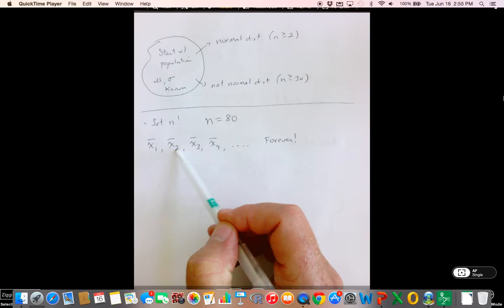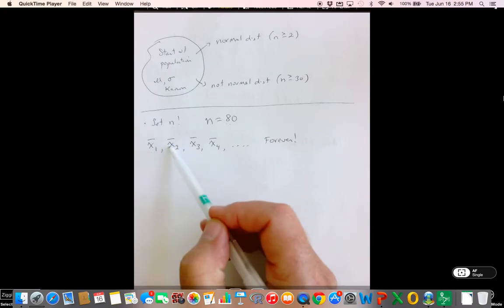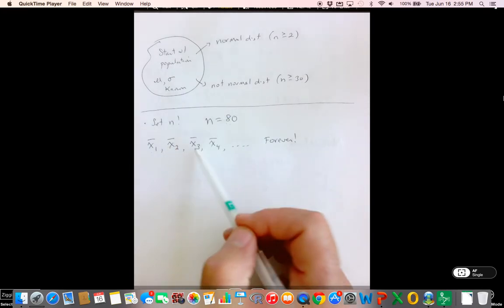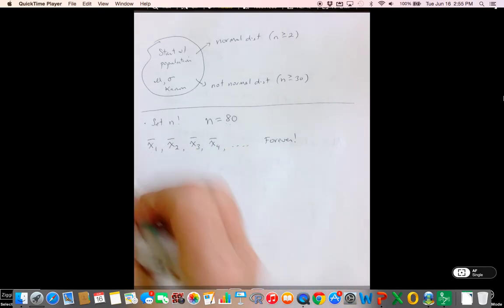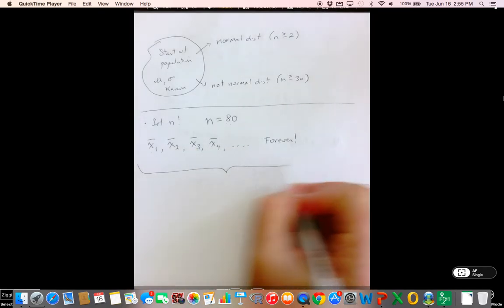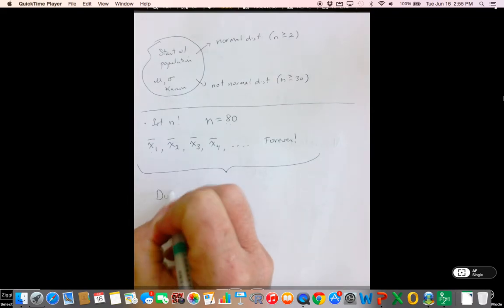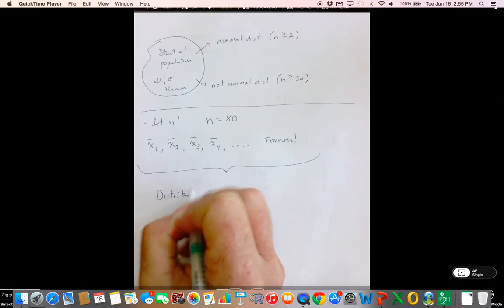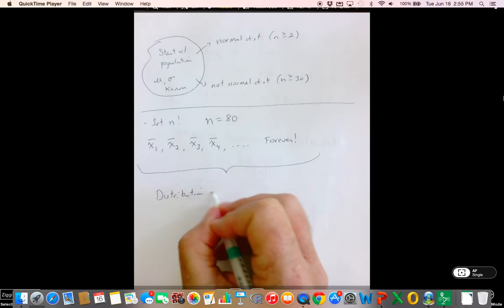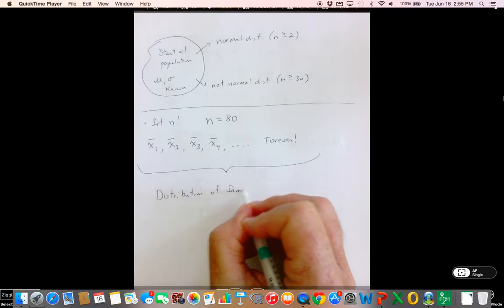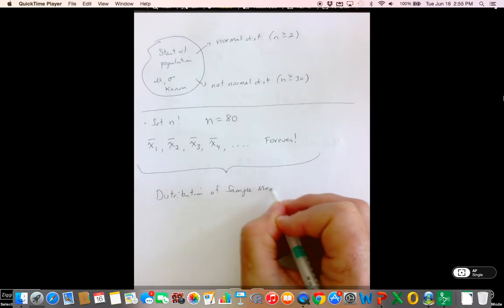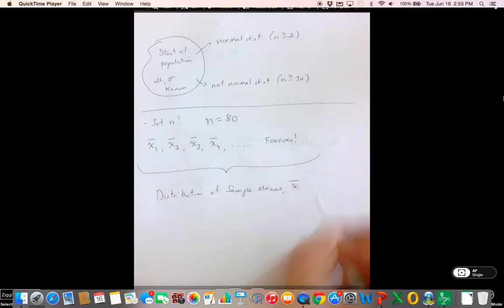You add them all up, divide by 80, you get your second sample mean of size 80. Do that again and again and again. Guys, this is called the distribution of sample means, X bar.